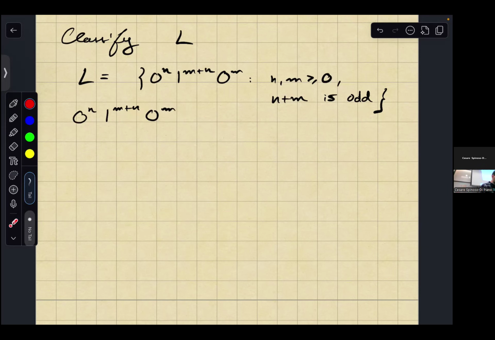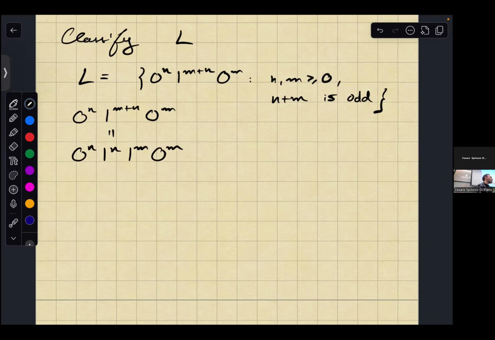So if I have m plus n ones, well, I also have n plus m ones. This is just a commutativity thing. So this is actually equal to 0^n 1^n 1^m 0^m.